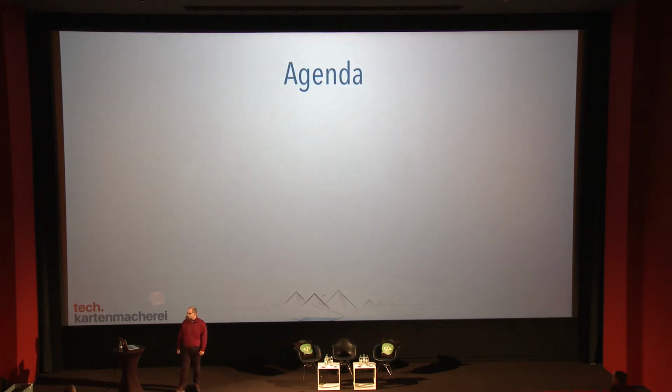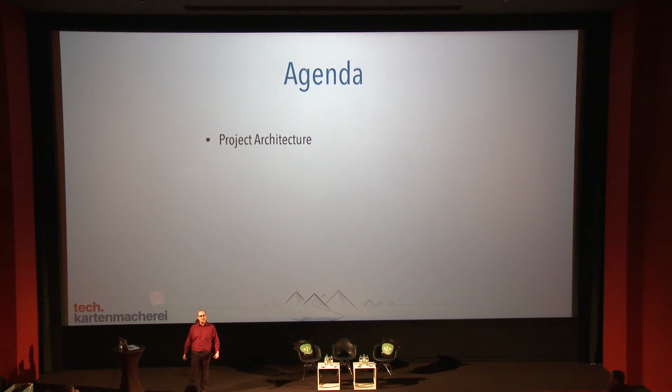Now, a short word about the agenda. First, I want to show you our project architecture and how it's set up, to give you a better understanding of why we actually need smoke tests and why we built them into the system. Then I want to get us all on the same page about the different types of tests.